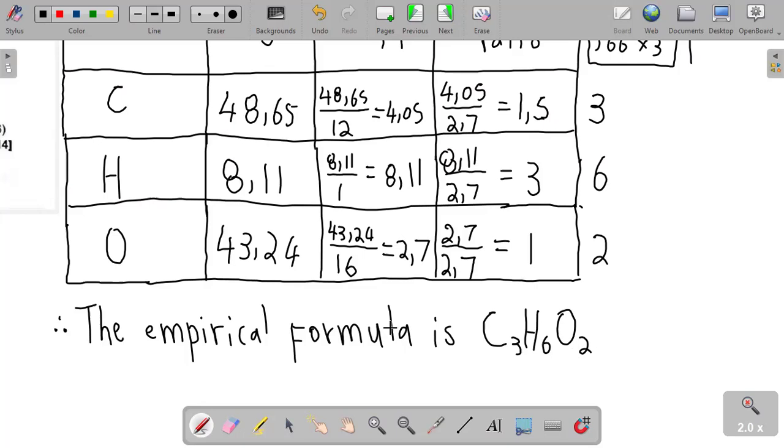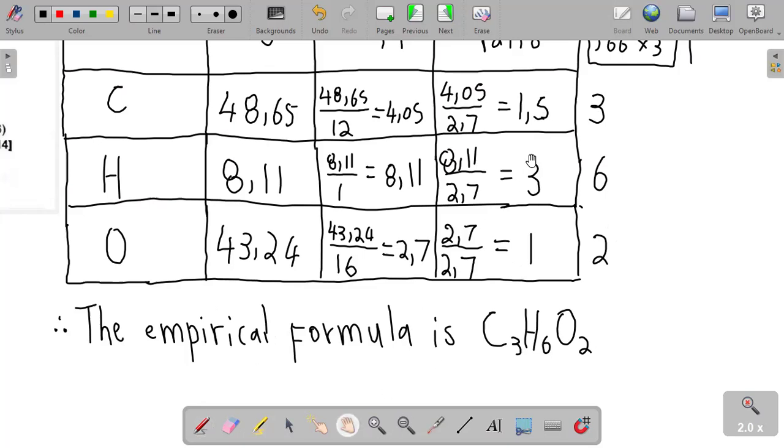So this is the empirical formula of this compound. If there was no decimal here, then we would get our ratio from here. But our ratio had to be outside the table because we have a decimal here, so we have to multiply everything by 2.